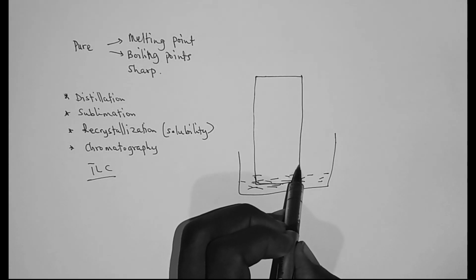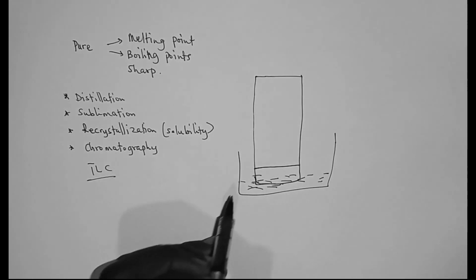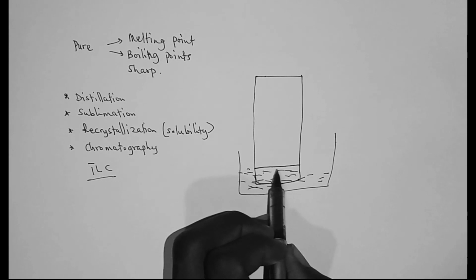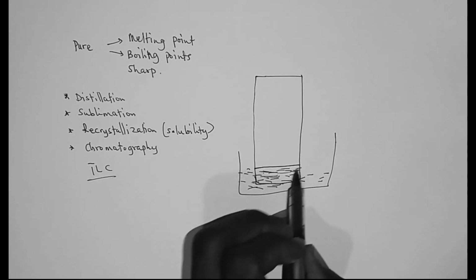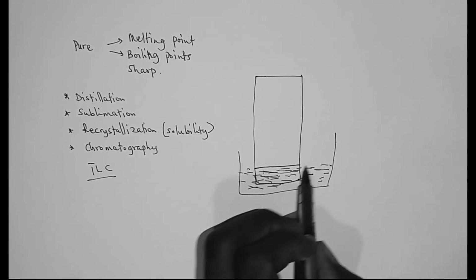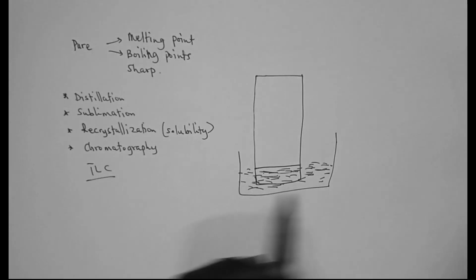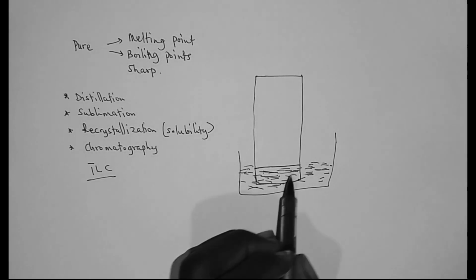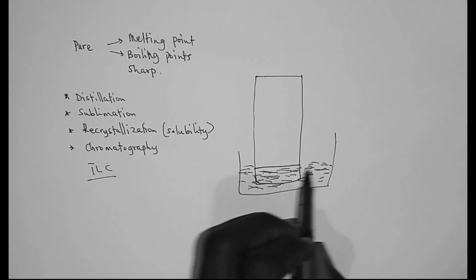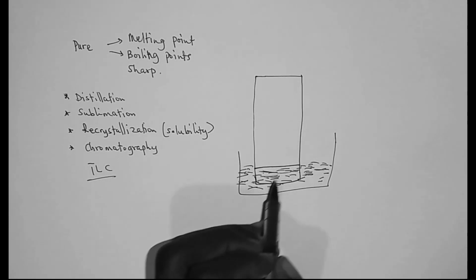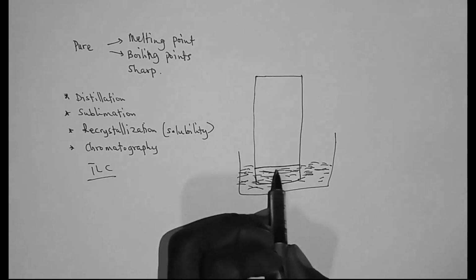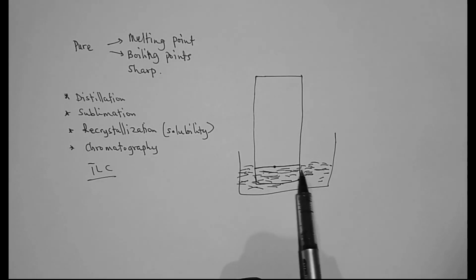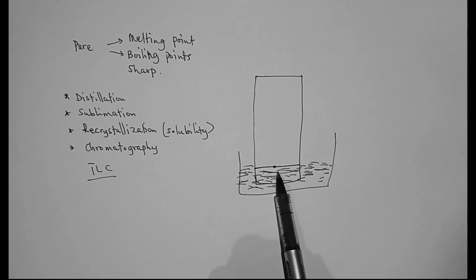But before you immerse it, you need to first determine the extent to which the mobile phase reaches on the paper by marking it out with a pencil. So this is the solvent front, and then you will spot the organic compound on the base of the solvent front.